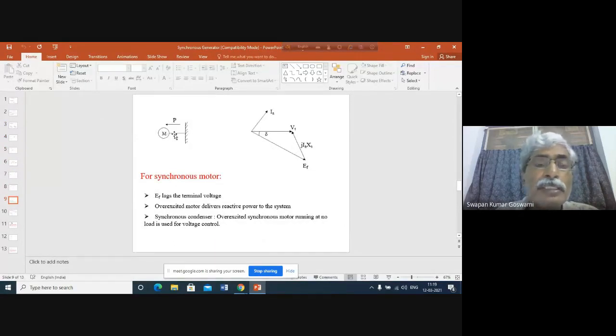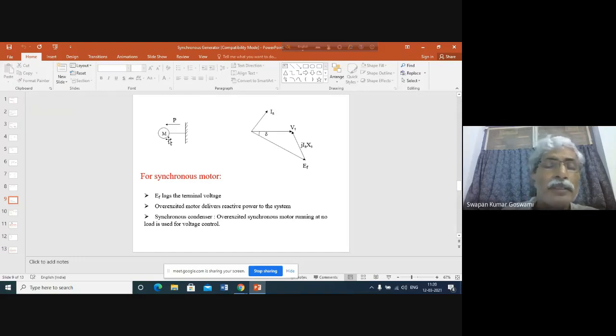The motor terminal is connected to the system. That means VT will be supplying power inside the machine. And what is the voltage inside the machine? That is the induced voltage EF. So VT now will lead EF. Is it clear why VT will lead EF? Because active power is flowing from the power system bus to the motor. Motor is drawing active power.